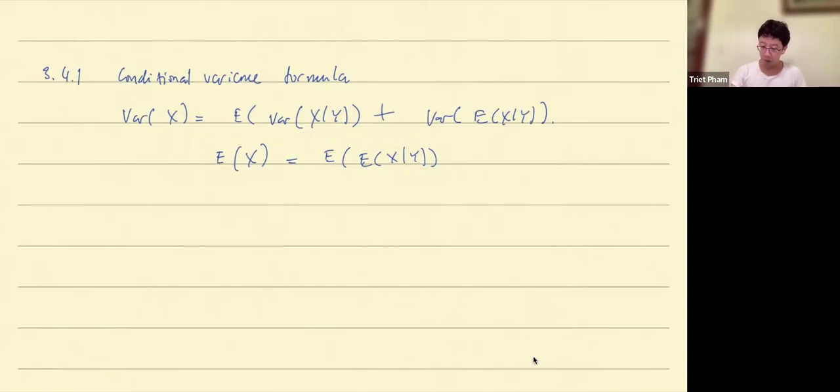I guess let's start with the familiar geometric random variable. We know that the expectation is 1 over p, and we did it by conditioning. What did we condition on? We conditioned on Y, the result of the first trial.